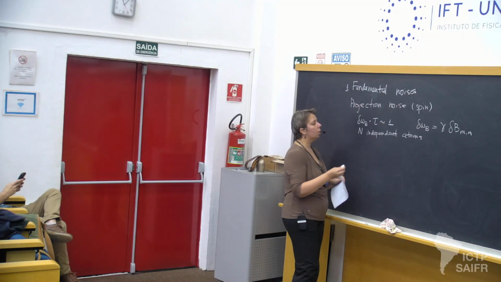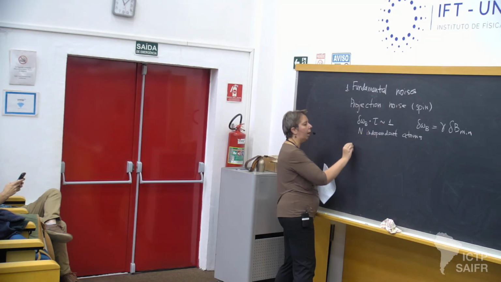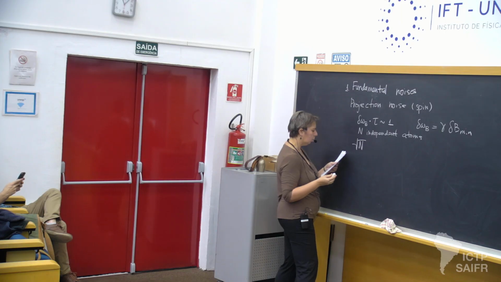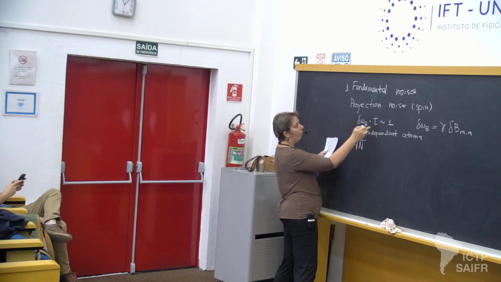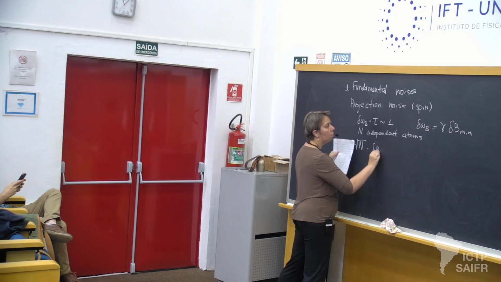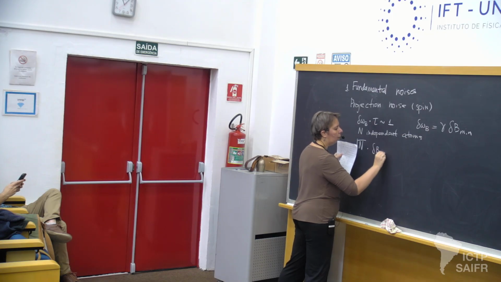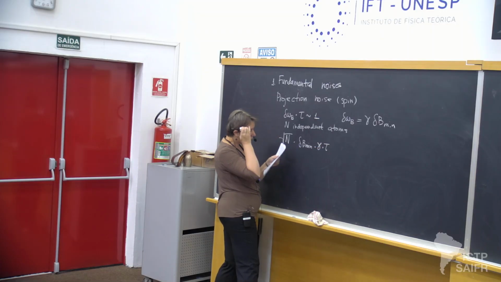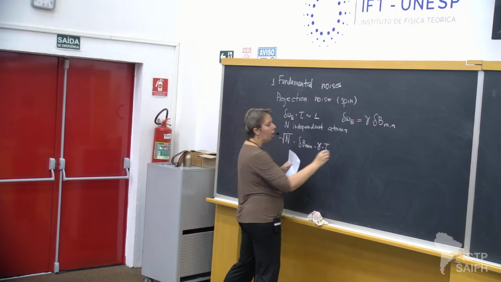And then the enhancement we're going to get will be square root of N, because of the distribution. So what we have here now is square root of N times the minimum magnetic field we want to measure, times the gamma factor to transfer to frequency, times the observation time.